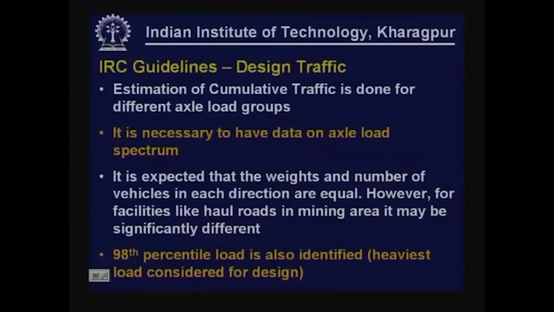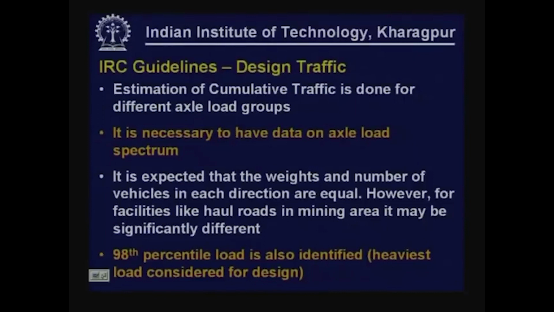The estimation of cumulative traffic is done for different axle load groups. We have to classify all the axle loads and find out, in each axle load group, what percentage of traffic or how many repetitions of axles are going to be there during the design life period. This number is required.